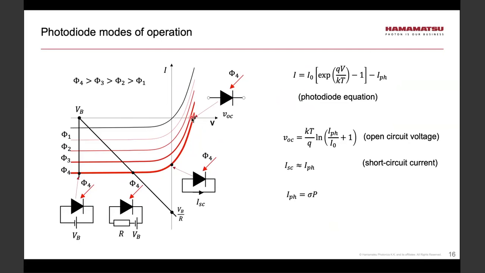So if I were to change the light level, these different light levels are depicted by different values of phi, then the voltage at the terminals of the photodiode would depend on the light level in the way given by this equation. So one can see that the open circuit voltage would depend logarithmically effectively on the incident light power.